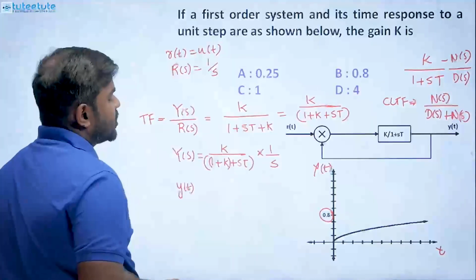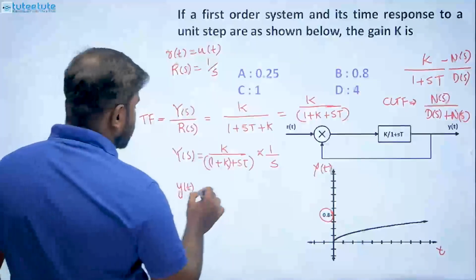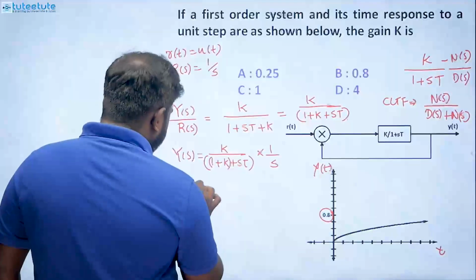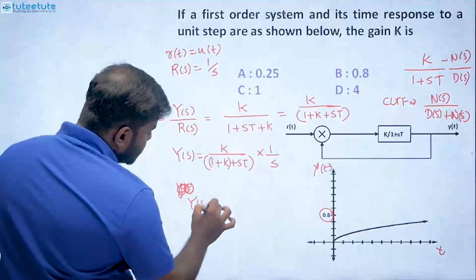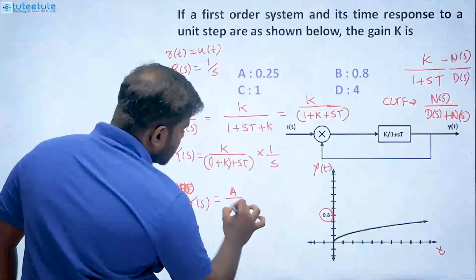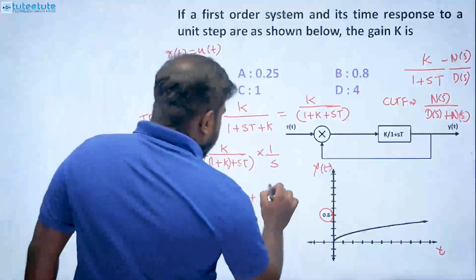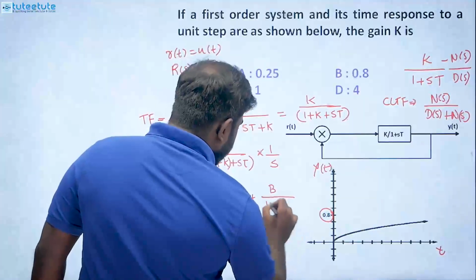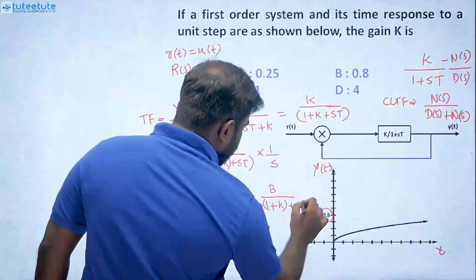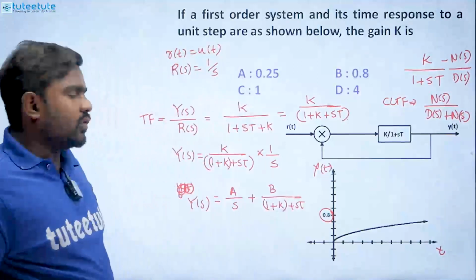You have to take the partial fraction. So partial fraction is nothing but, first, I am not writing y of t here. Let me write y of s first: A by s plus b divided by 1 plus k plus s tau. Okay. This is the format.